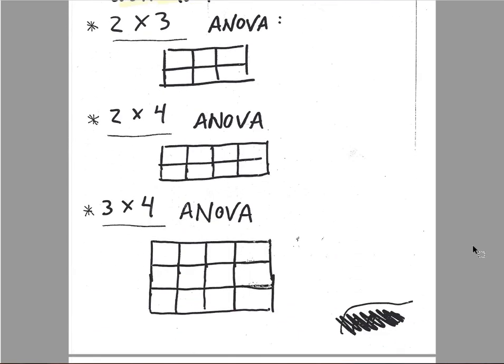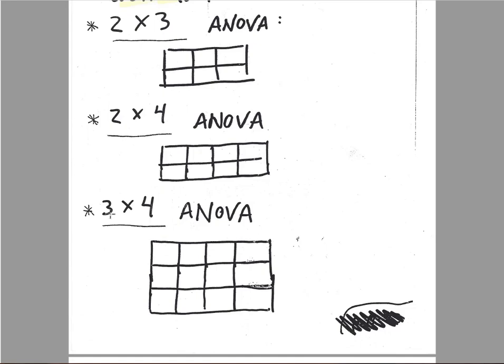Could have expanded it to be a 3x4 Anova. You still have 2 factors because you have 2 numbers. This is a number, this is a number, so there are 2 factors. But now I've got 4 levels of factor A: 0 weeks of therapy, 5 weeks of therapy, 10 weeks of therapy, 15 weeks of therapy. That's what 4 represents.